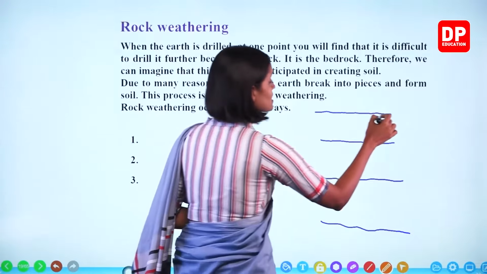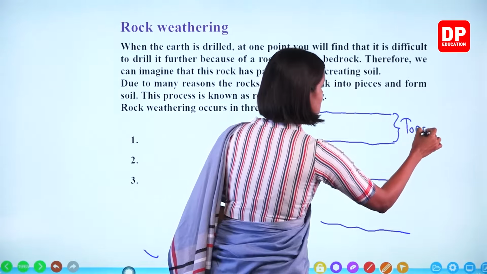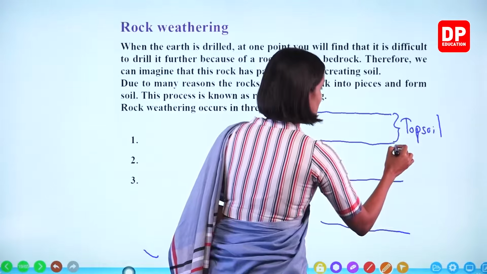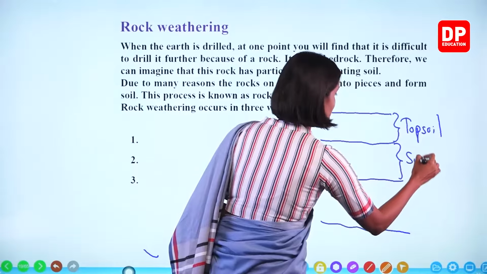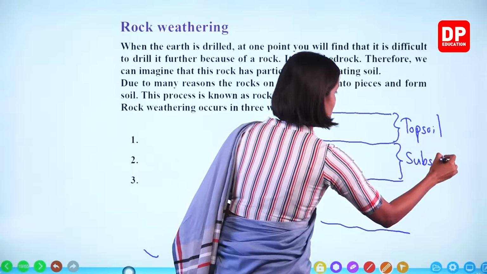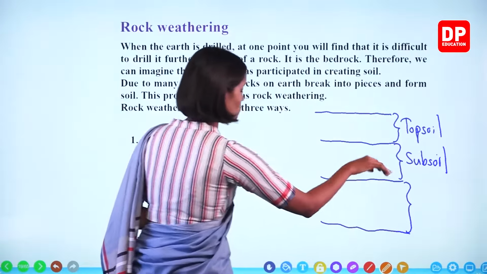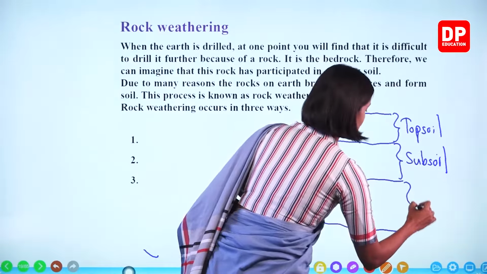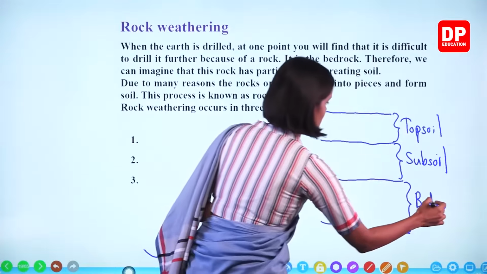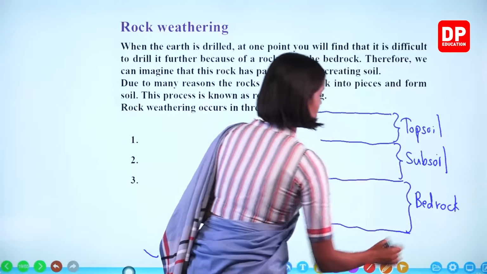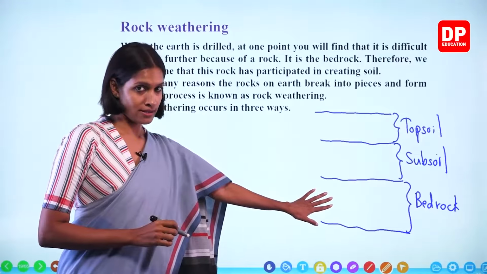The topmost layer is known as topsoil, and the middle layer is known as subsoil, and the last or bottom layer is known as bedrock. Right, children? Topsoil, subsoil, and bedrock.